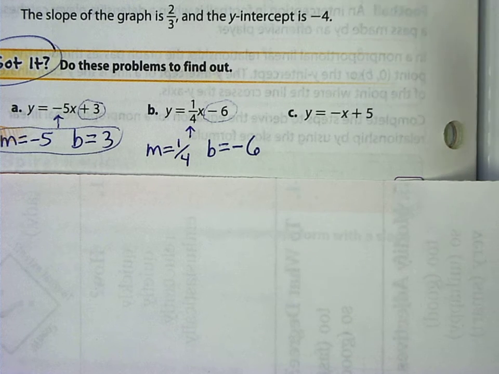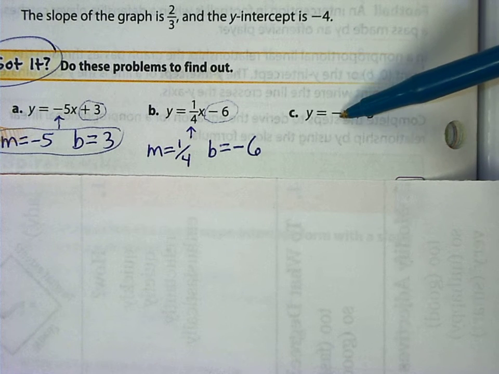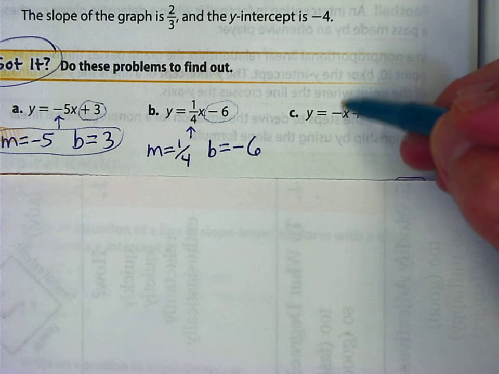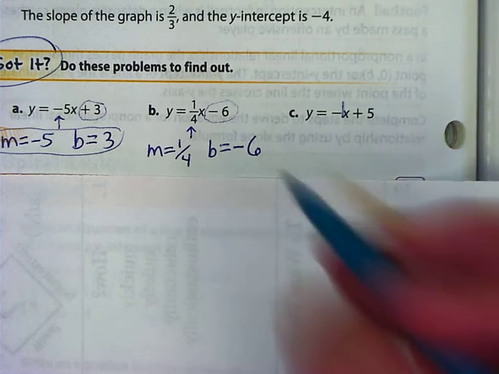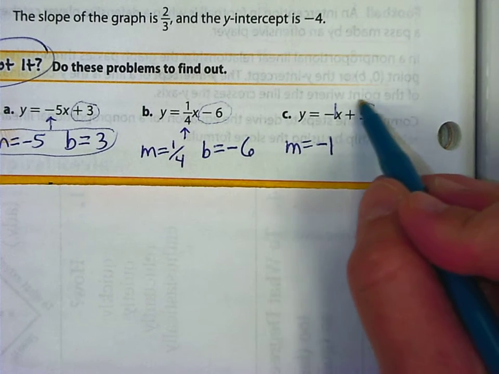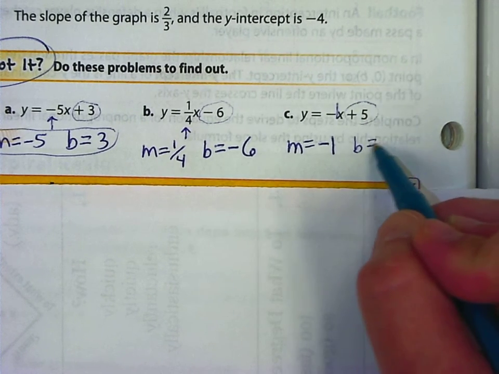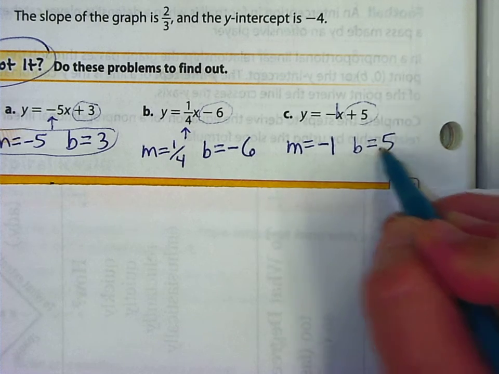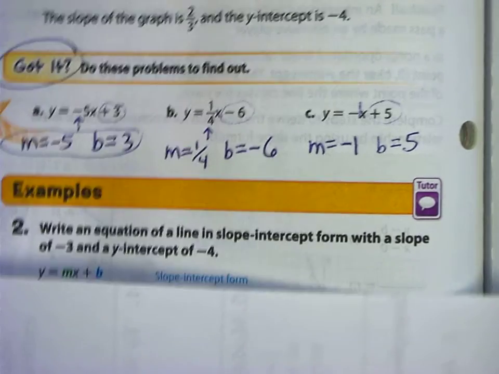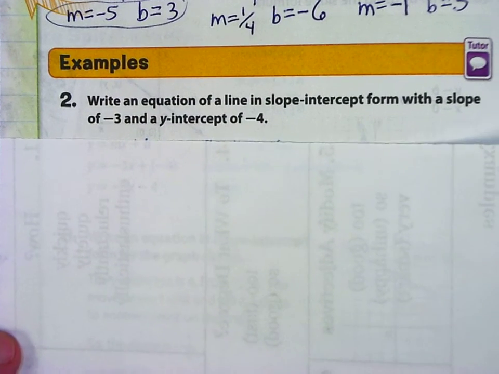This is in slope-intercept form, so the slope, remember, is the number next to your x. So our slope in this case is -1, and our y-intercept, where the line crosses the y-axis, is +5.